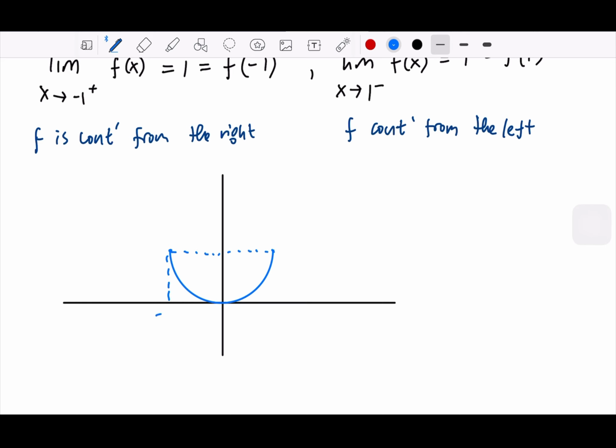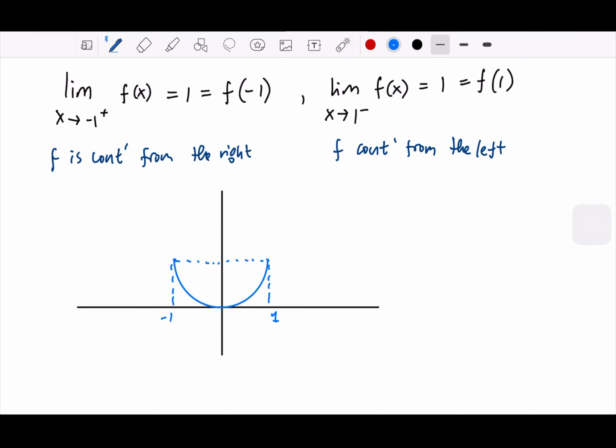So this will be -1, and this will be 1. So we approach -1 from the right, and we approach 1 from the left. I think it's better if we can visualize it in a graph, right?